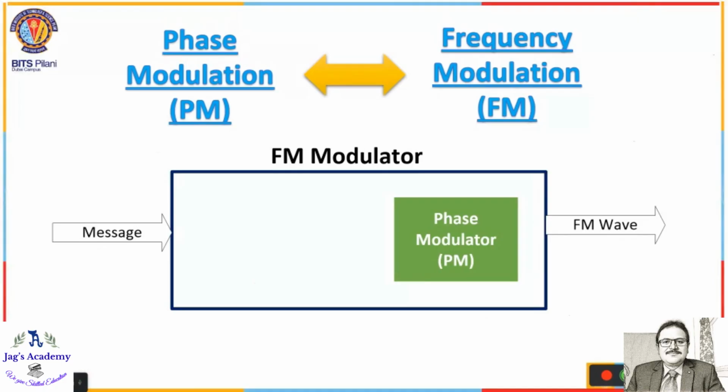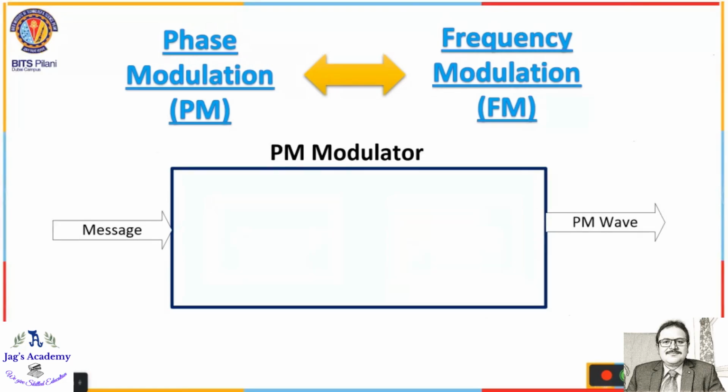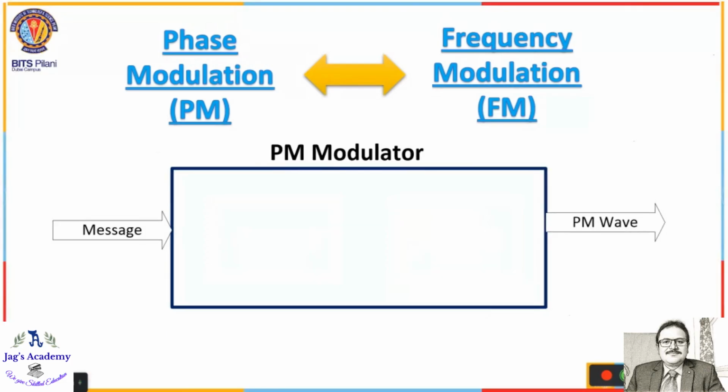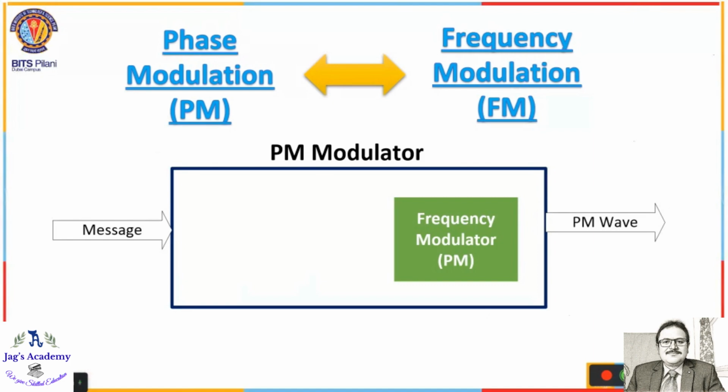Right, that is going to give you a frequency modulator. See, you have a phase modulator given to you. How do you convert it to a frequency modulator? That means first you integrate the signal and give it to the phase modulator. So what you will get is the integrated version of m of t, right? That is going to give you a frequency modulator. Now similarly, assume that you want a phase modulator, but you have been given a frequency modulator.